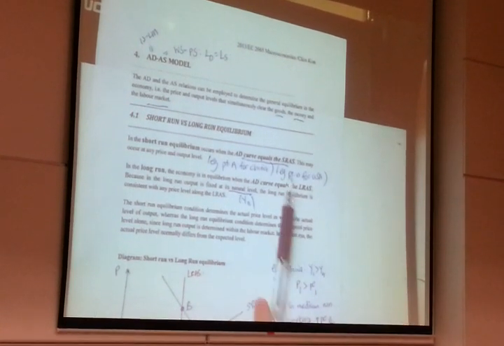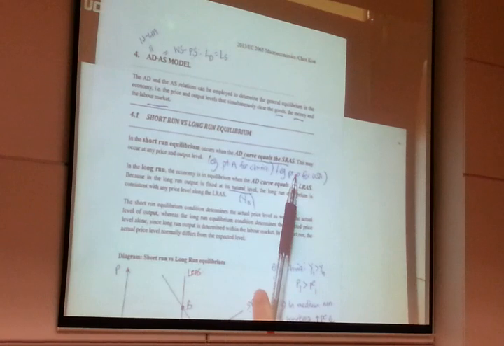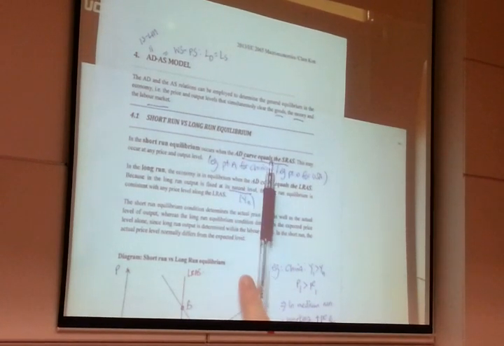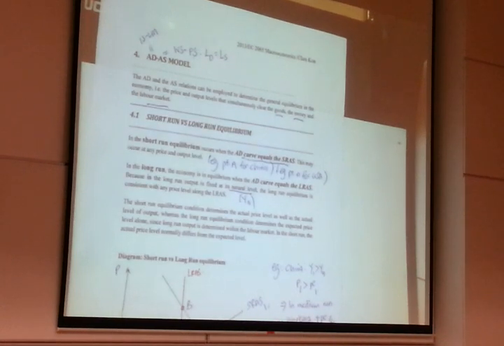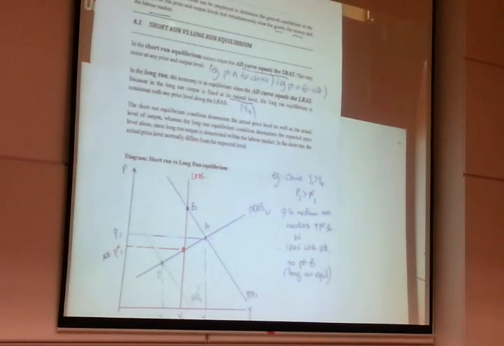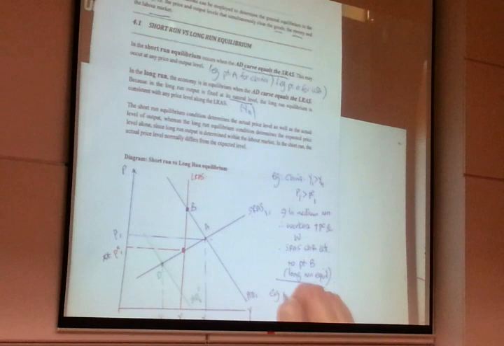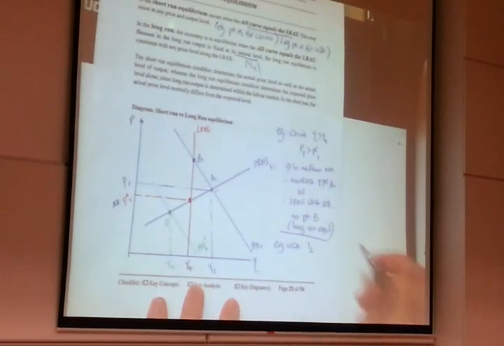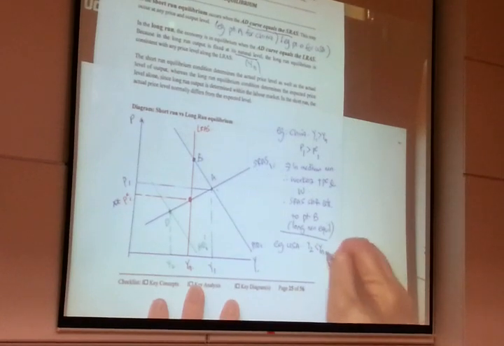So point D is called a short run equilibrium because the country's demand, AD1 prime, equals AS. But again we can see for the US, the output Y2 now is less than Yn.